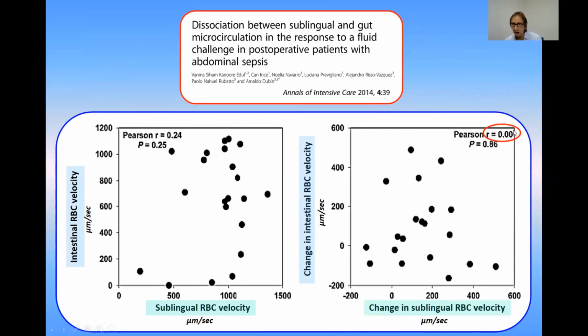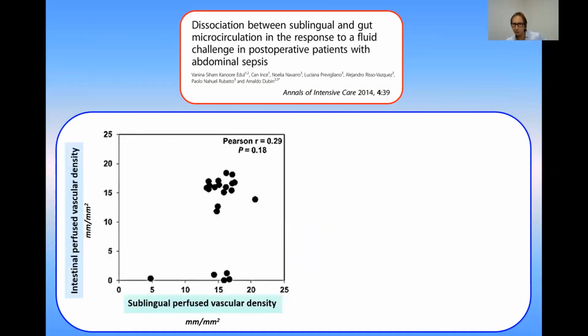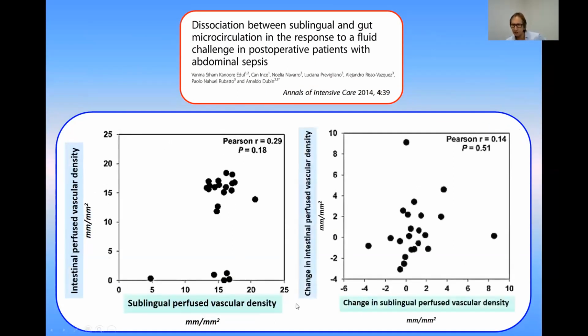And look at the R value, the Pearson R value equals 0.00. So it is very hard to do worse, of course. No correlation at all. And no correlation also for the perfused vascular density, neither for the baseline values nor for the change after a fluid challenge.